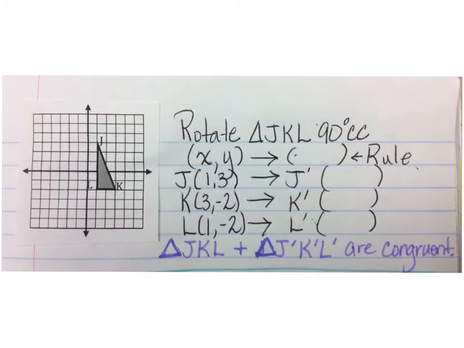On the next page in your interactive notebook, you should see triangle JKL. I want you to rotate it counterclockwise 90 degrees. Remember that counterclockwise is in the opposite direction that a clock's hands turn.